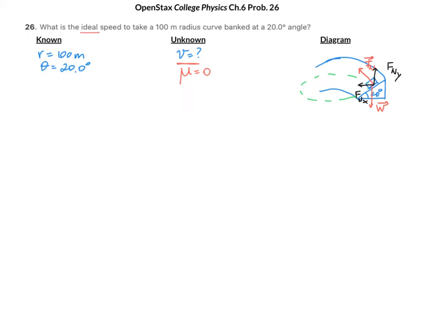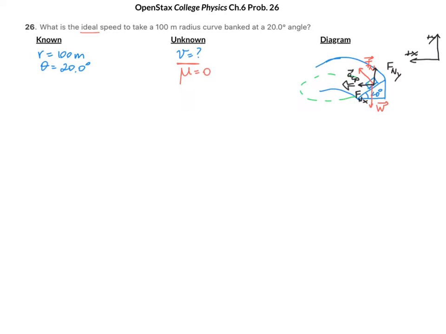Since I know that the centripetal force will act in this direction, that's my centripetal acceleration, I'll take my positive x-axis to the left towards the inside of the circle and my positive y-axis up.